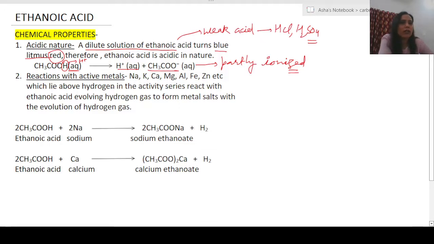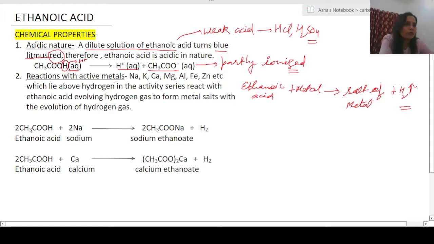Now, what about the chemical reactions with metals? Whenever ethanoic acid reacts with any metal which is above hydrogen in the reactivity series, it always gives us a salt of that particular metal, and hydrogen gas is released.